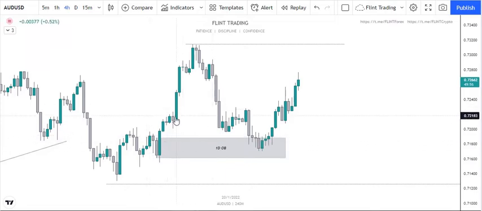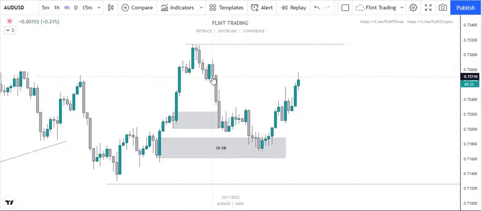Alright. Now before that, let me just tell you why I didn't take a trade from here. The recent picture which I showed you had content about momentum. So if I just draw the zone here, what do you see?